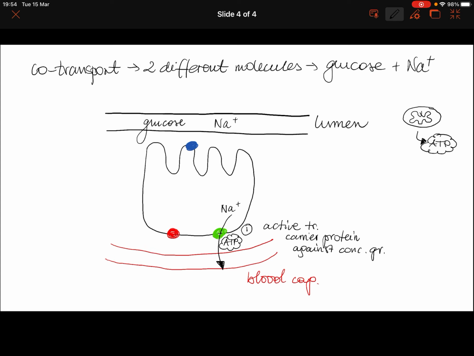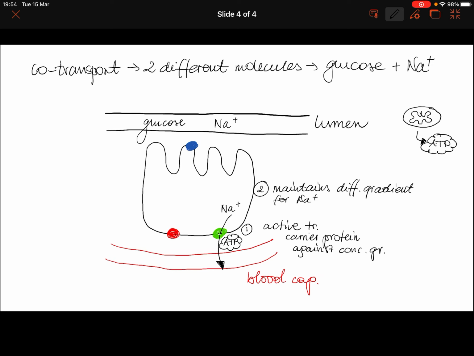So step 1, we had the active transport of sodium ions from the epithelial cell into the blood capillary by active transport. The direction is important, so we need to say from epithelial cell into the blood. Obviously, that now maintains diffusion gradient for sodium ions.